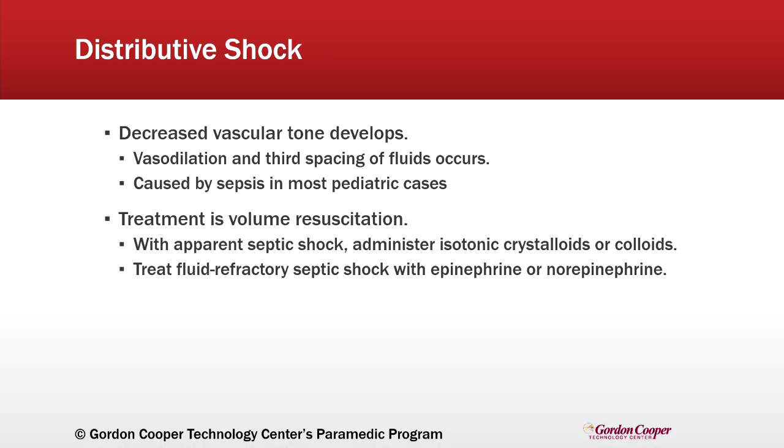Adrenal insufficiencies can also lead to distributive shock. This may be due to a pre-existing condition like Addison's disease or adrenal suppression from chronic steroid use, those kinds of things. So along the way with these patients, there'll almost always be a history when we're talking about a distributive shock situation.